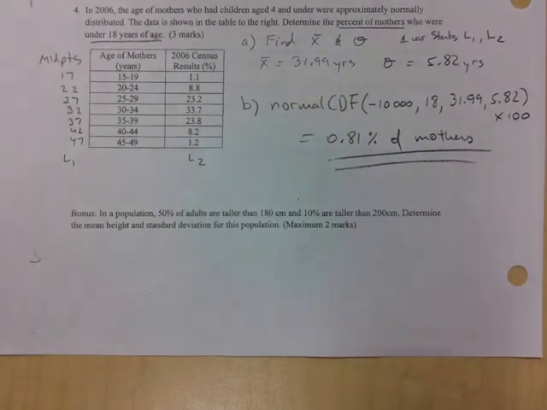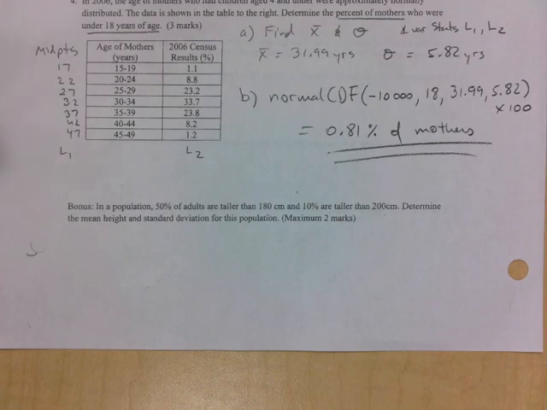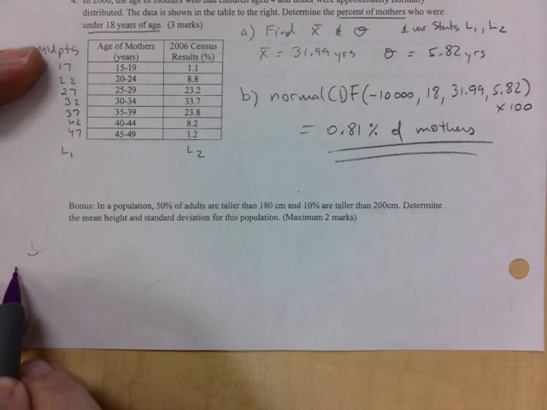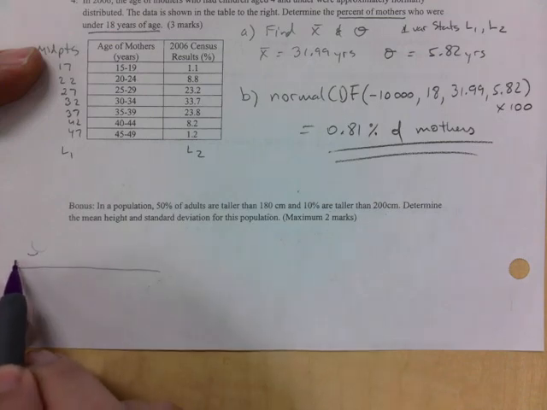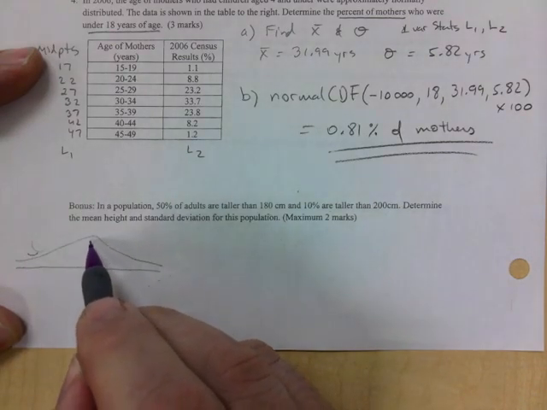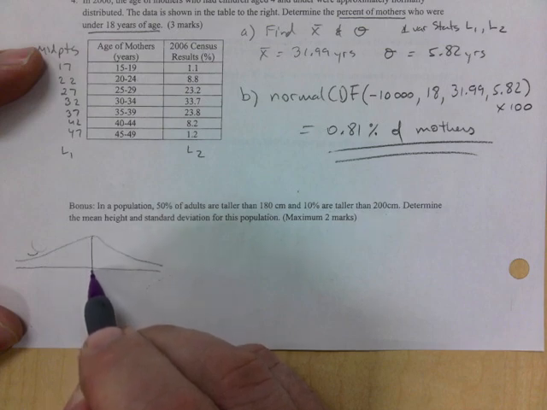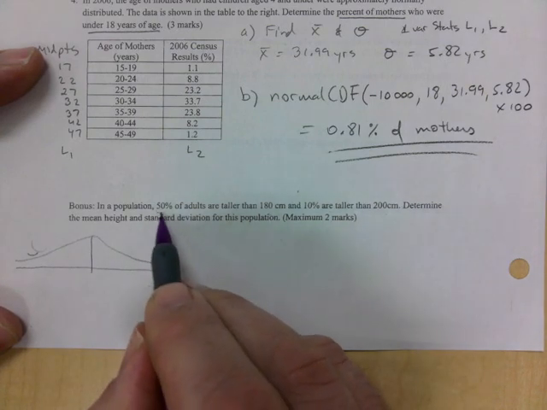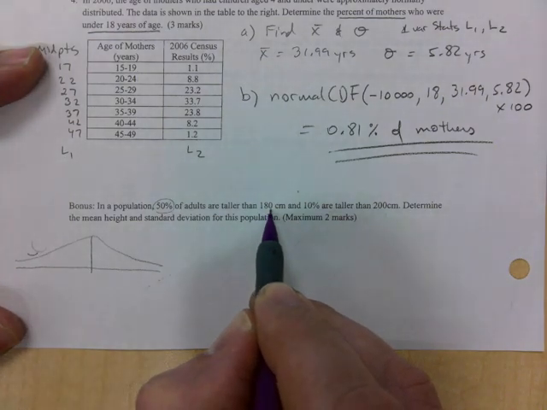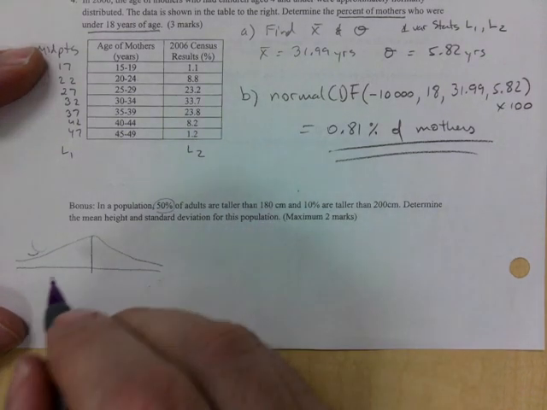Okay, basically, there are probably more than one way of doing this. But if you consider a normal curve and down the middle, because we know 50% of adults are taller than 180 centimeters, that also tells us that 50% are shorter than 180 centimeters, because we know it's normally distributed.